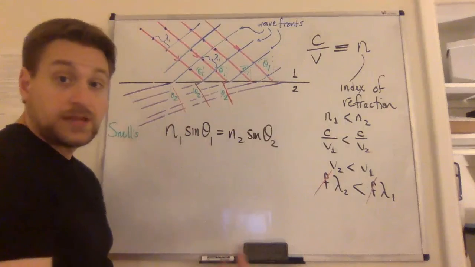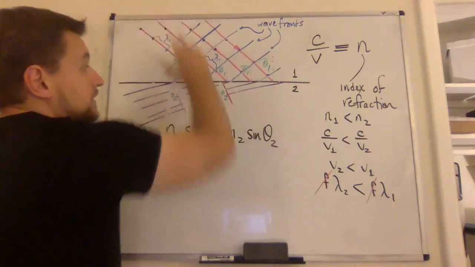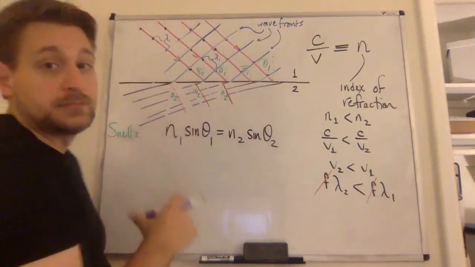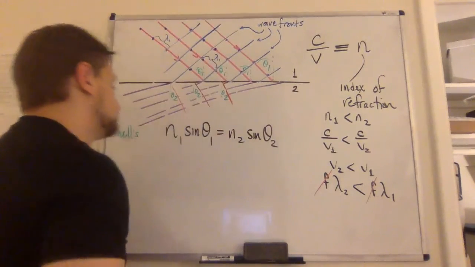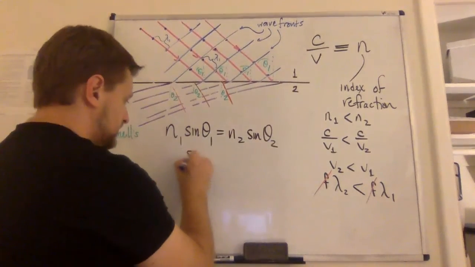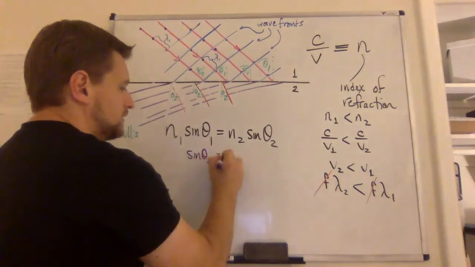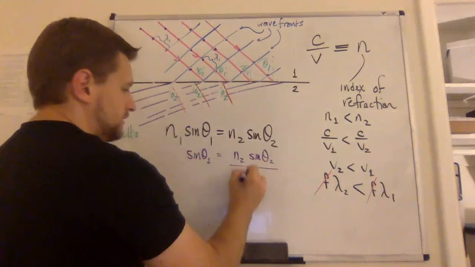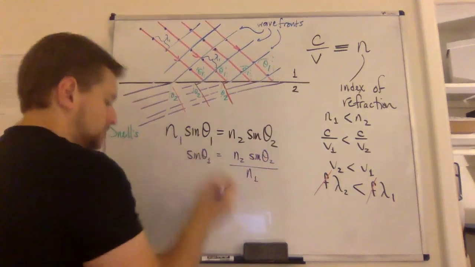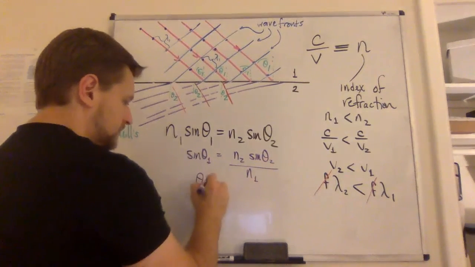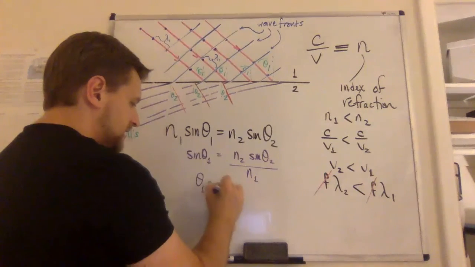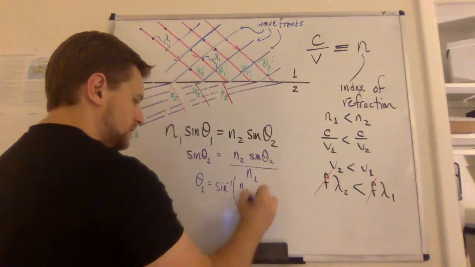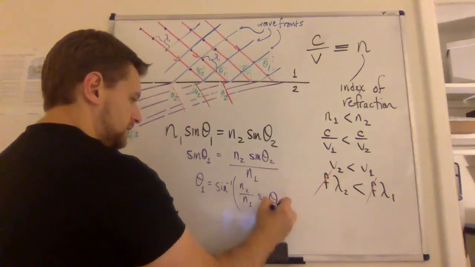I want to solve for theta 1, the angle at which we leave the boundary, the angle at which we leave the normal in the new medium, medium 1 in this case. Okay. So sine theta 1 is n2 sine theta 2 over n1. To ask for theta, we need the inverse sine of n2 over n1 sine theta 2.